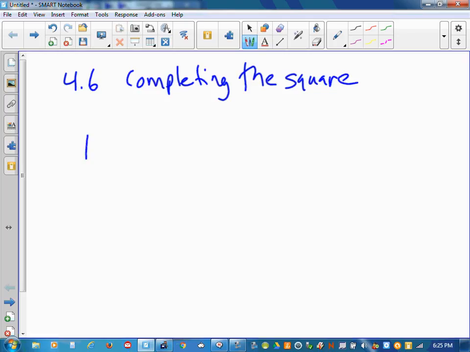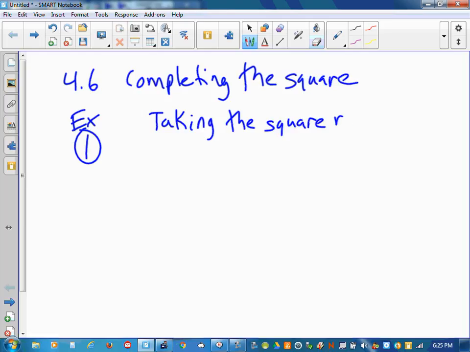So the first method, for example 1, is taking the square root. So we have 7x squared minus 10 is equal to 25.